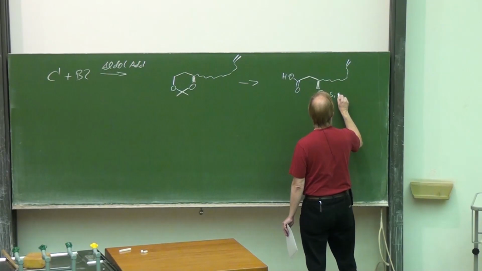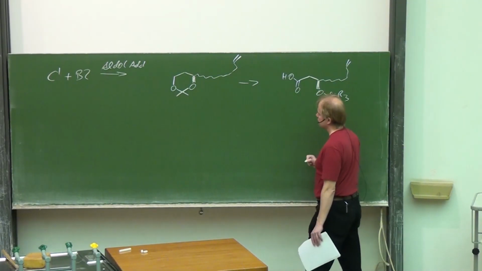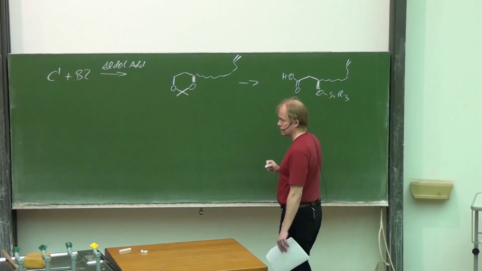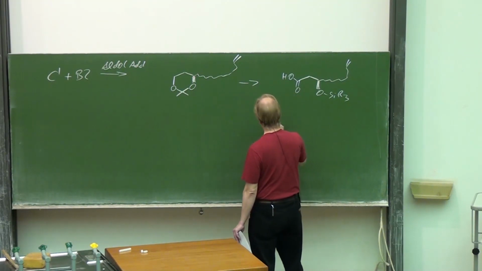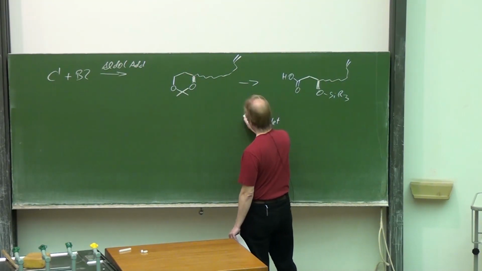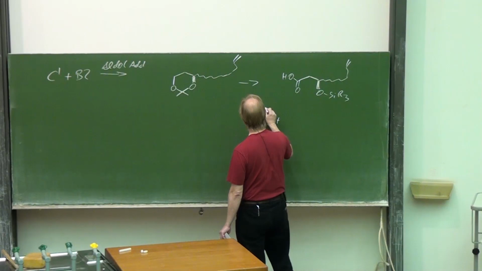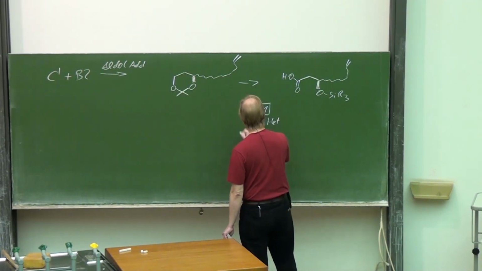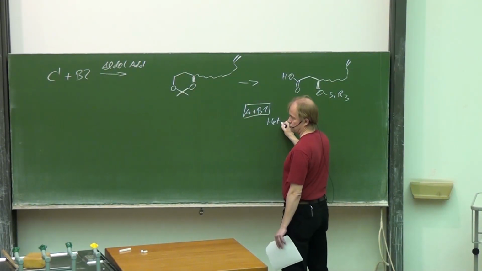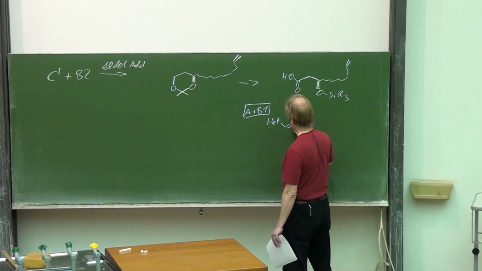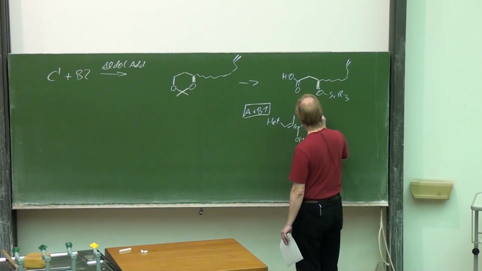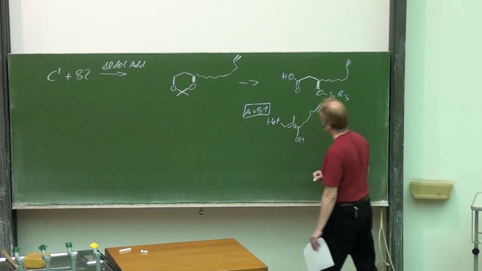So, and again, please remember our unit A plus B1. We have the heterocycle there, the alcohol and a side chain with an olefin.